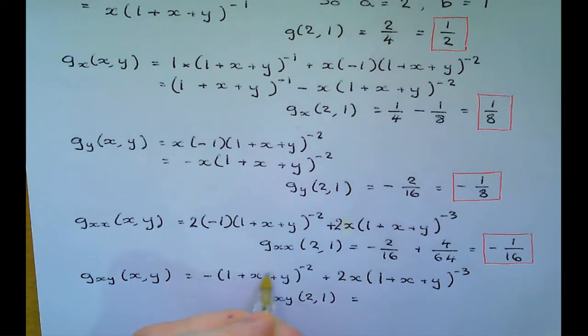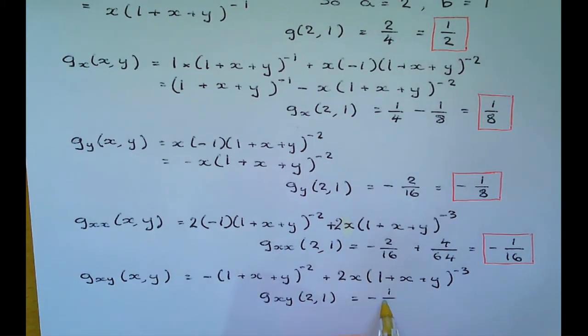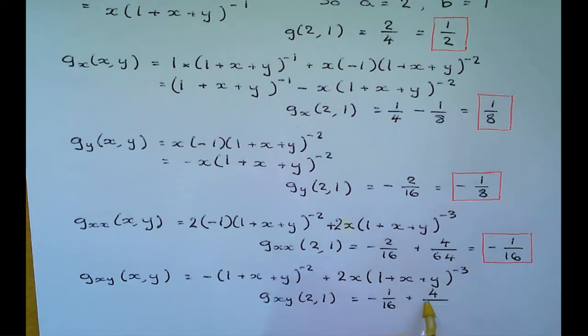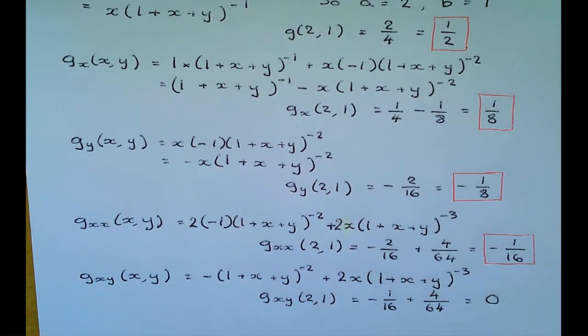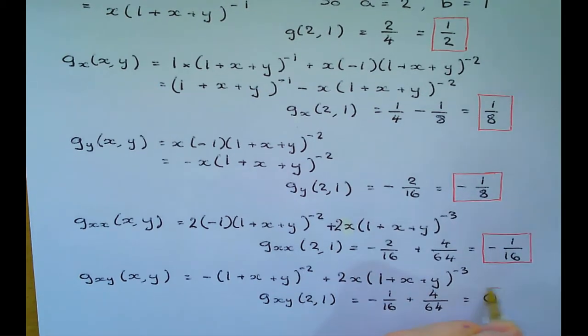Minus 1 over 16 plus 2 times 2 over 4 cubed, minus a 16th plus a 16th. This term comes to 0.